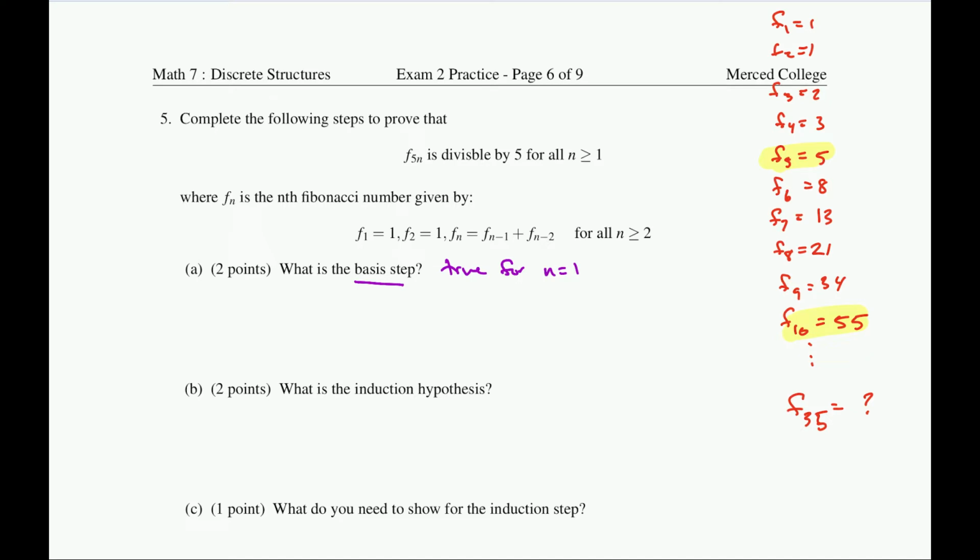When n is 1, we're looking at f5n, so f5. You just say f5 times 1 is of course f5, which is 5, and that's divisible by 5. So that's it. f5 is 5, which is divisible by 5.